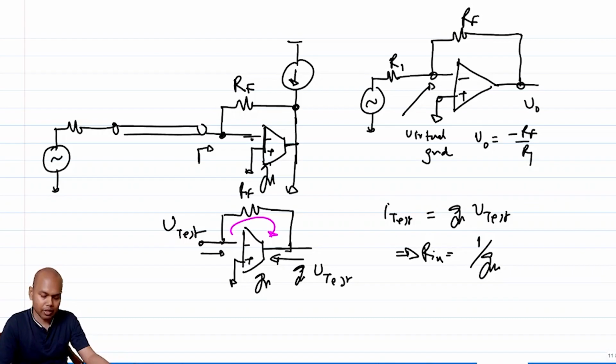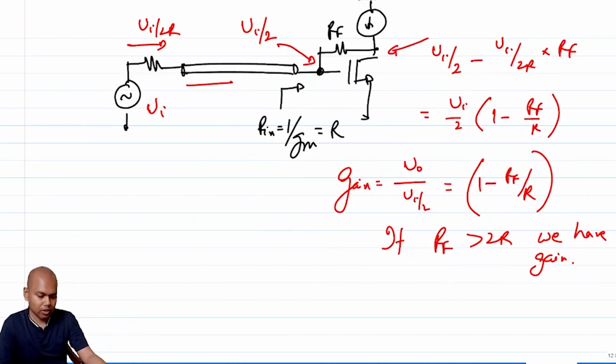It's a diode connected transistor with a resistance plugged in, and this also gives you some gain, and it also gives you match. And all three topologies have their usage, and later on we'll not have the time to go through all three topologies, but we'll go through a couple of them and then see what are the pros and cons of each of them, right?